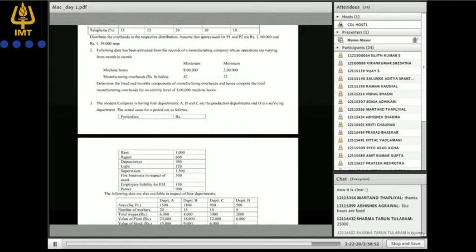That means if you are moving from minimum to maximum hour, it is only variable cost that is changing and not the fixed cost.